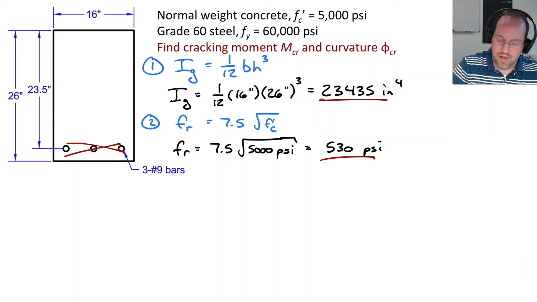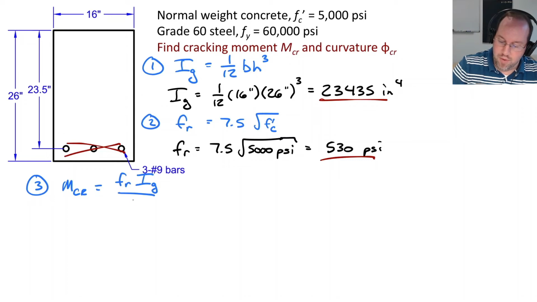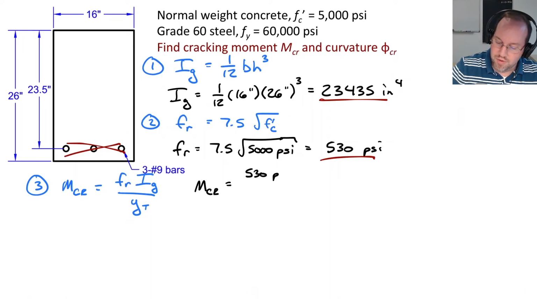Next, I want to calculate my cracking moment. I actually have all the information that I need for that. So the cracking moment, again, is f_r, the modulus of rupture, multiplied by I gross, divided by y_t. Substituting in my numbers, f_r is 530 PSI, and I gross, which I just calculated above, is 23,435 inches to the fourth.